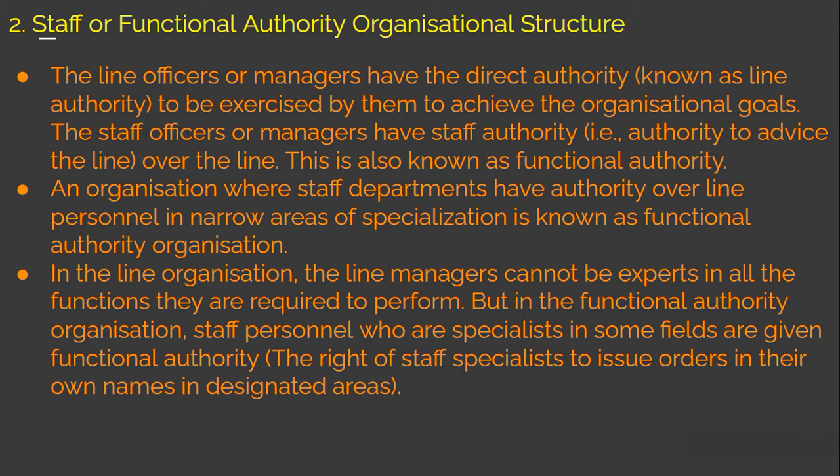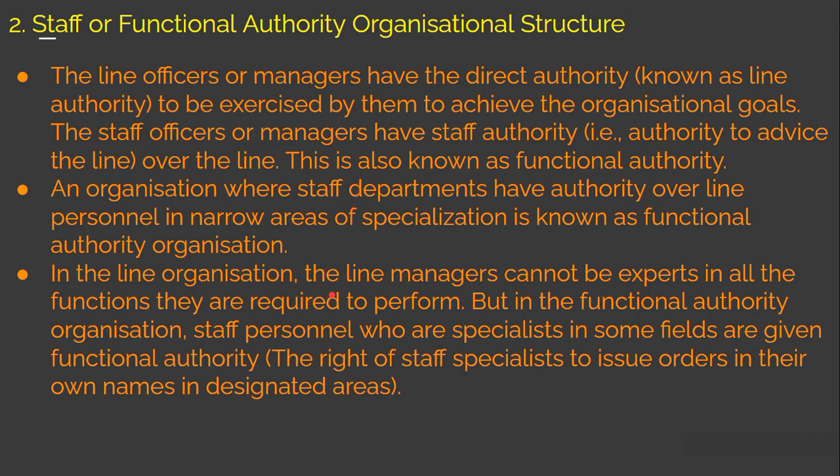The line organization and the staff organizations have their own advantages and disadvantages, students, that you can refer from the books. Just only I am explaining the concepts of the organization structure and the examples of the structure. So it may happen that there is a conflict between the line and staff authority, but in terms of making or creating the more specialized structure, staff authority is created to reduce the burden of line officers.